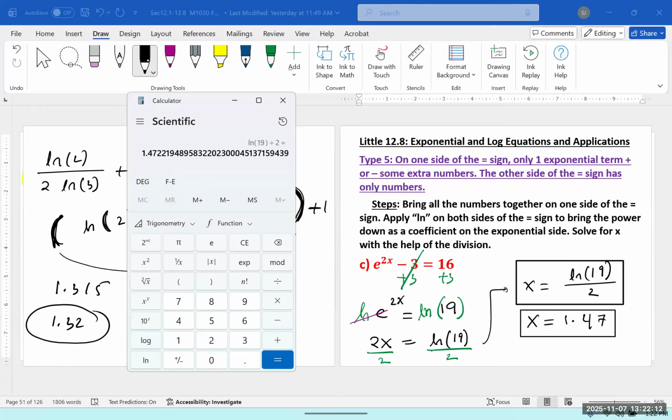Now, if you decide to use log here, look what happens. Log of 19 divided by 2 gives a completely different answer. That's because it did not divide ln by anything. If you divide ln by ln, or log by log, then they are the same. Otherwise, they are different.